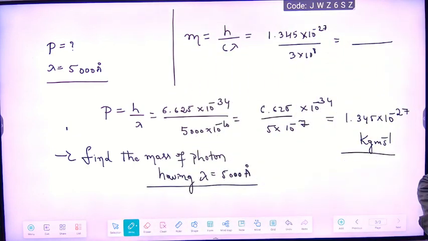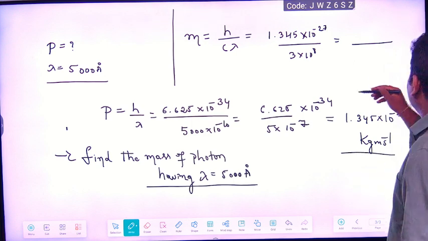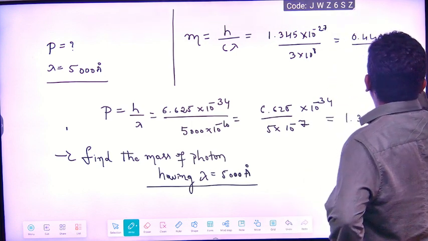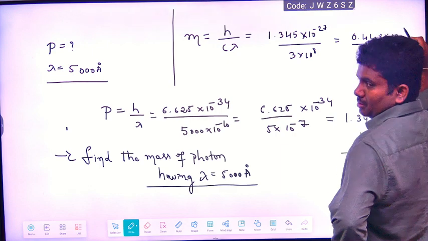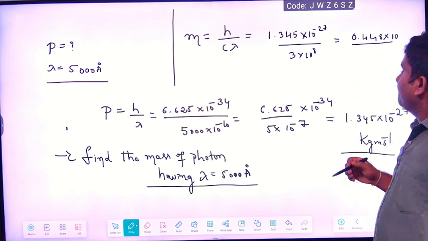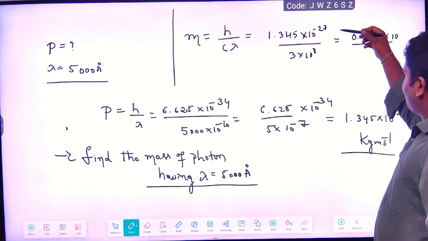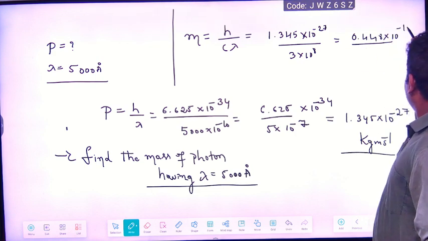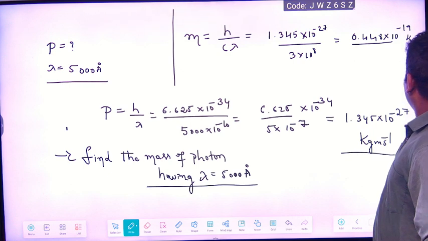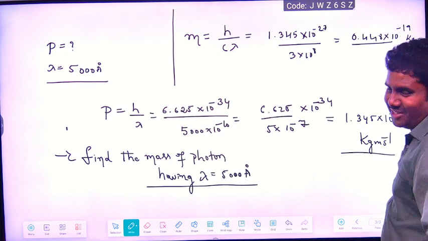0.448 into 10 to the power of minus 35, okay. That is in kg. See, what is the mass of photon?